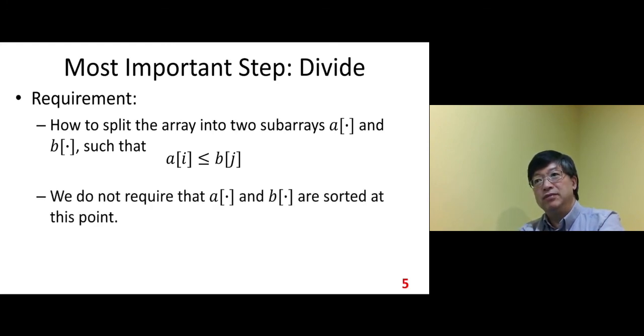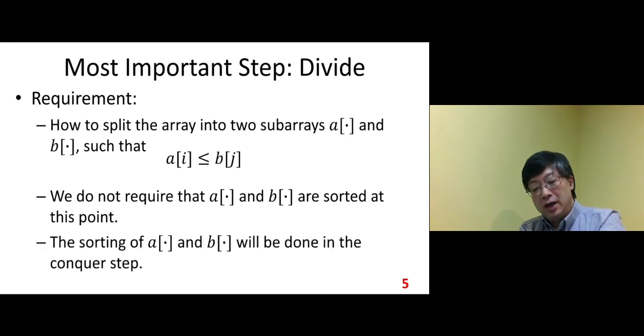That's the condition. But we definitely do not require the A array sorted and the B array sorted. That's not necessary, because that's the recursion. We will use recursion to conquer that, to make both subarrays sorted.